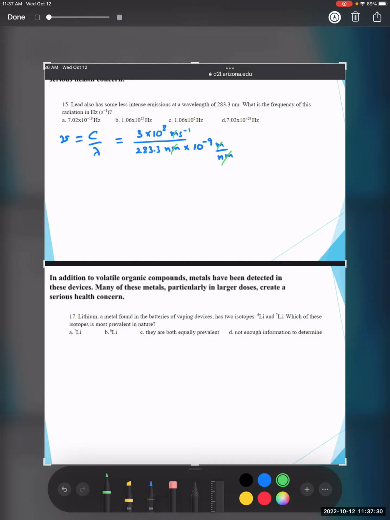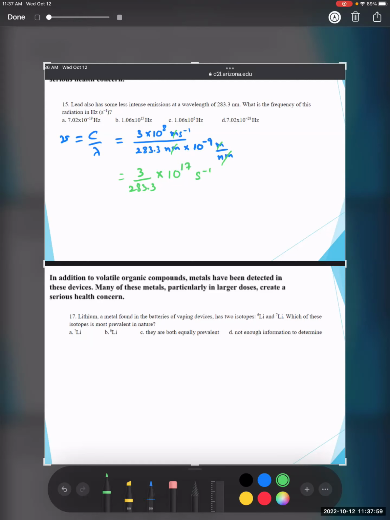If we do the exponents again like last time, we have 3 divided by 283.3, and when you divide 10 to the power of 8 by 10 to the power of -9, you get 10 to the power of plus 17 per second.